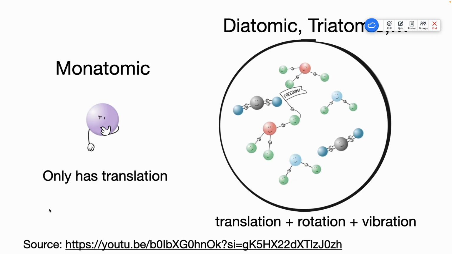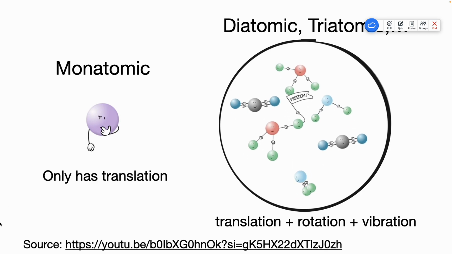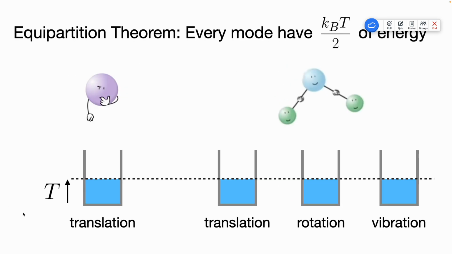So, how exactly does this affect the thermodynamics? There's a thing called the equipartition theorem because in the region of thermodynamics, things are so random. You don't know which one should have more energy. So at the end, they just average out and have the same amount of energy.